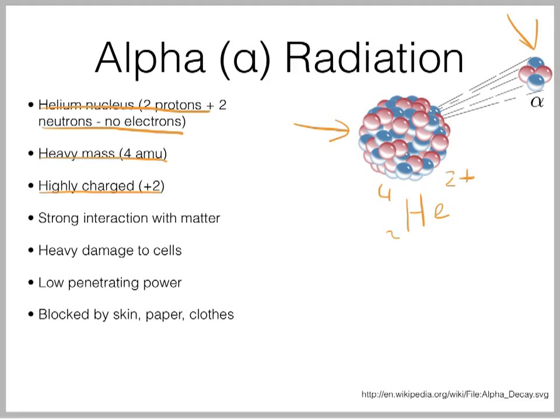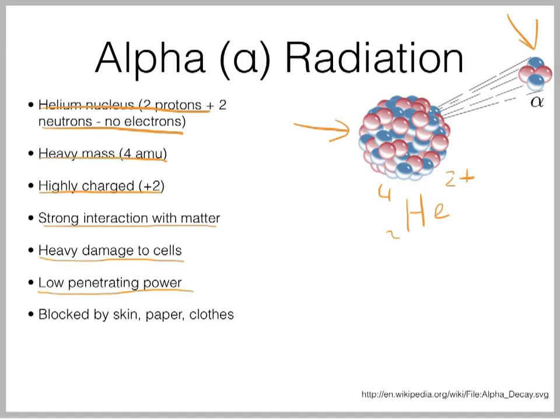We've got a strong interaction with matter, and that strong interaction is also due to the fact that they have a +2 charge. We've got heavy damage to cells, so if they actually get into your cells, because they tend to strip electrons away, they can cause some damage. But that heavy damage is negated by the fact that they have got a very low penetrating power.